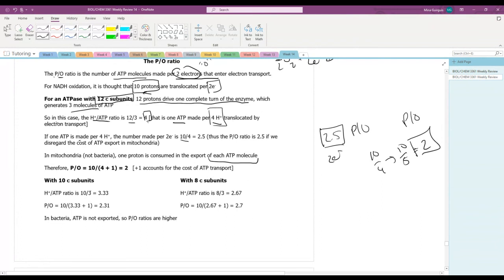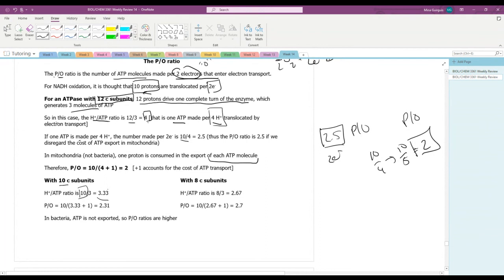On the other hand, if you had 10 c subunits, then it would take only 10 protons to drive 1 complete turn, which would still generate 3 molecules of ATP. And so in this case, you would get an H+ to ATP ratio of 3.33.